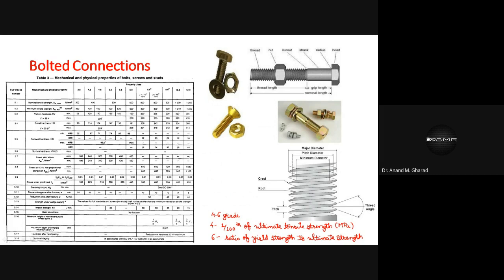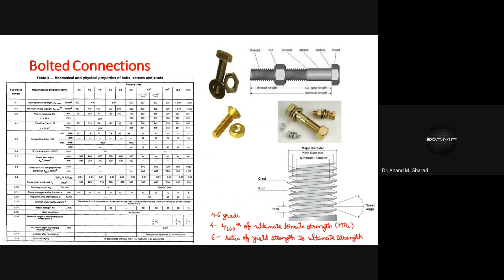Okay? So there is one more term which is not introduced over here, that is this small thin plate. This is known as washer, W-A-S-H-E-R, washer. Okay, यहाँ पे भी आप देख सकते हो, this is a washer.